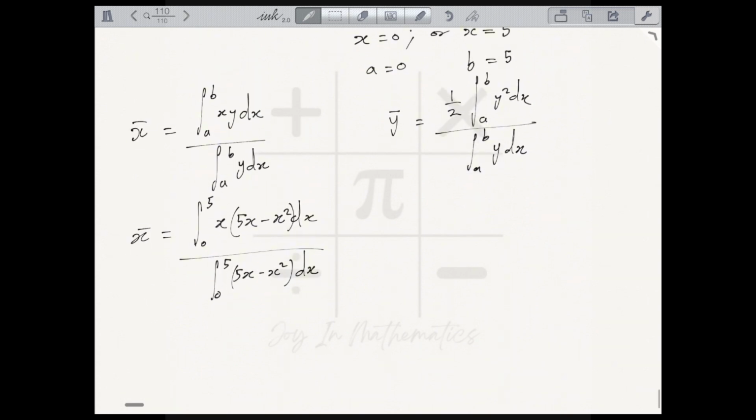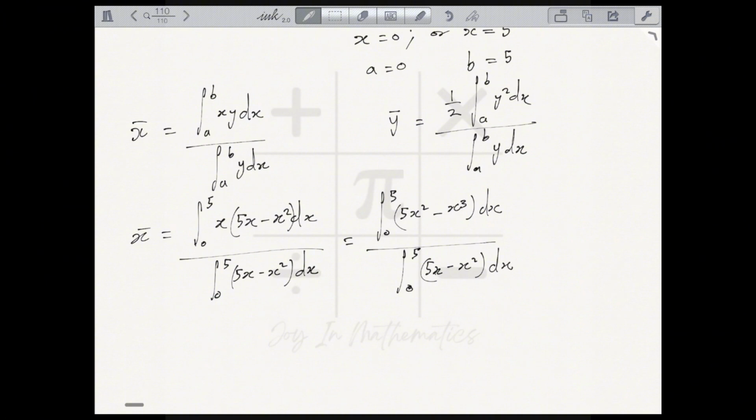Therefore, let's open the bracket for the numerator. So we have integral from 0 to 5 of 5x squared minus x raised to power 3 integrated with respect to x, and the denominator, 0 to 5 of 5x minus x squared integrated with respect to x.